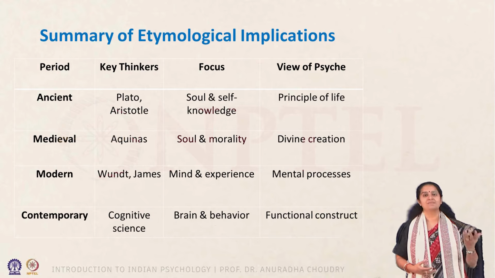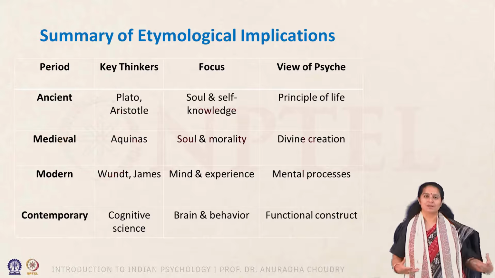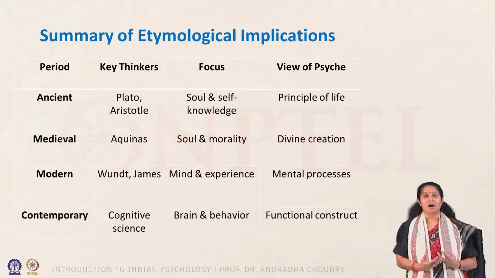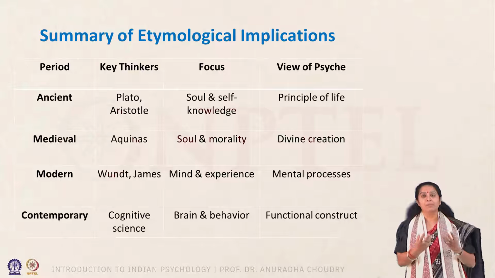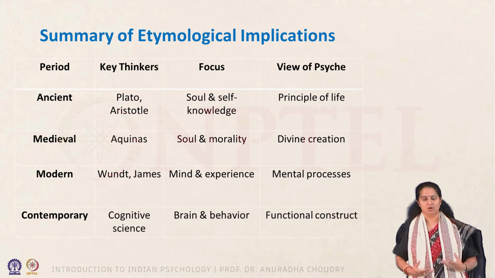In modern times, scientists like Wundt and William James talked of it as mind and experience, looking at mental processes. And finally, in more contemporary times, as technology advances, neuroscience is becoming a more palpable way of reading what is happening to the human mind and brain. Cognitive sciences are talking about brain and behavior, and the view of psyche is more of a functional construct.